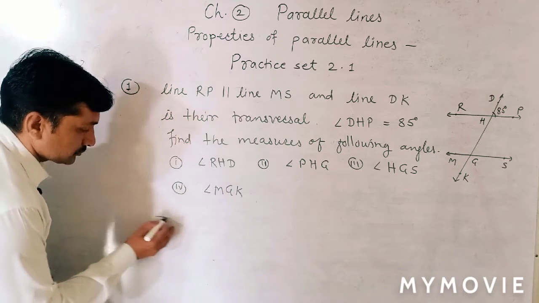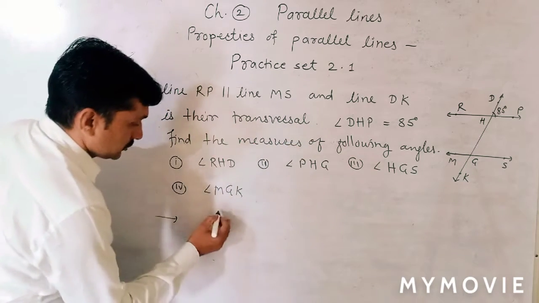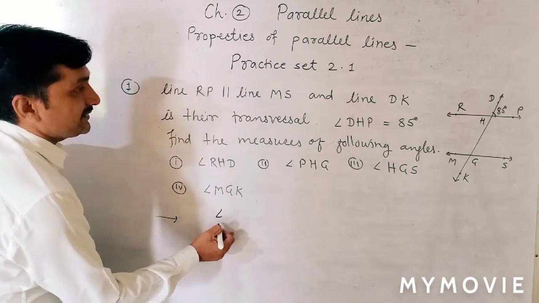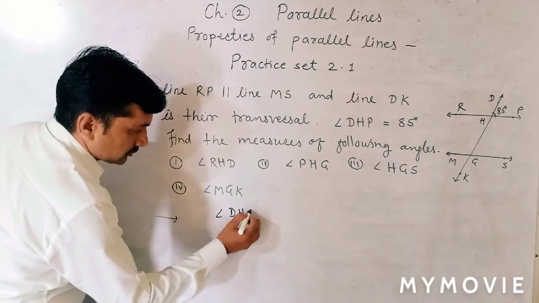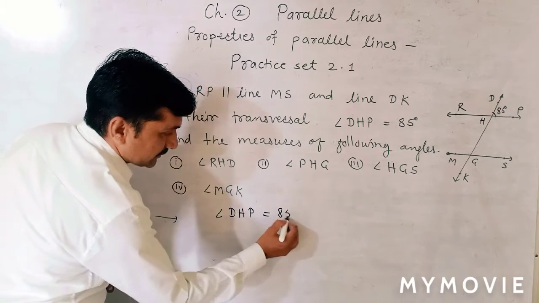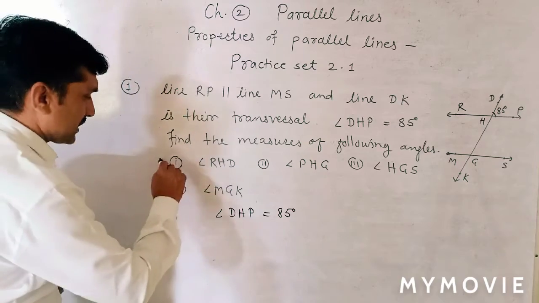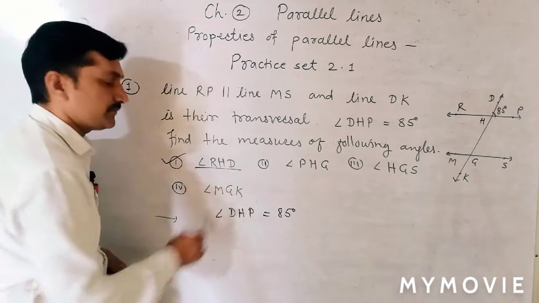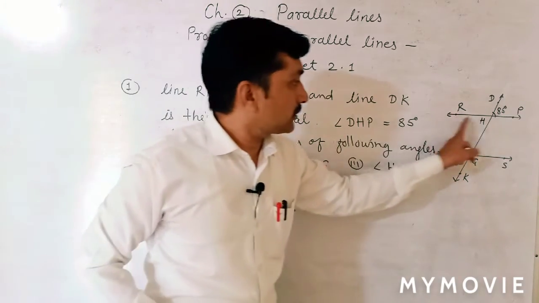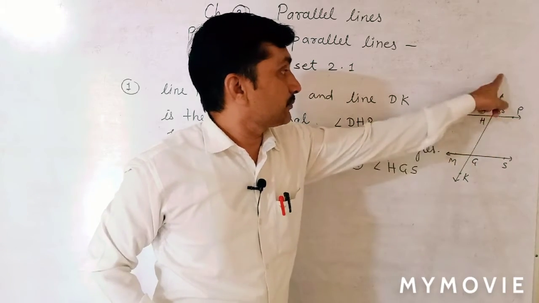Let's start the solution. First start from the given. Angle DHP is equal to 85 degrees. Now the first angle we want is RHD.